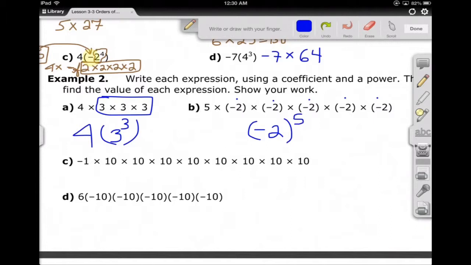And since we've got a leading 5 out in front, it's 5 times whatever that answer is. This is 10 to the 8th power. So using these brackets, you can be very definitive.